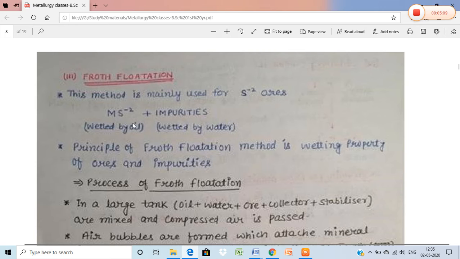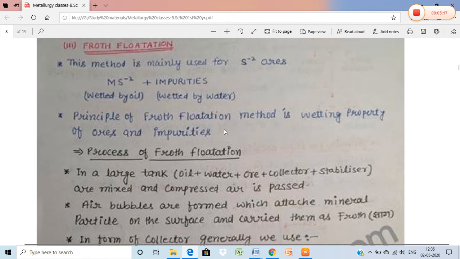The metal sulfide gets wetted by oil, whereas the impurities are wetted by water. Here you see that the metal sulfide will go into the oil, whereas the impurities will be wetted by water and dissolved in it.